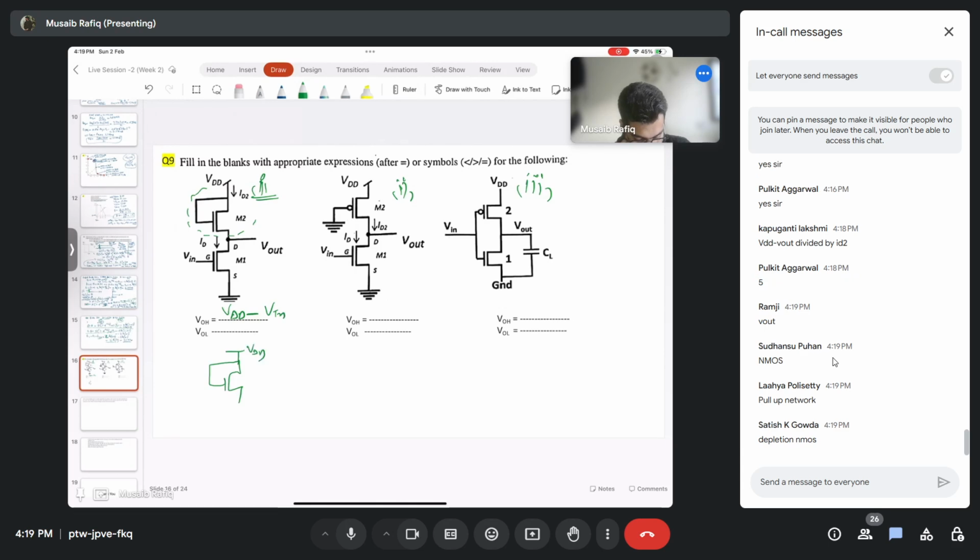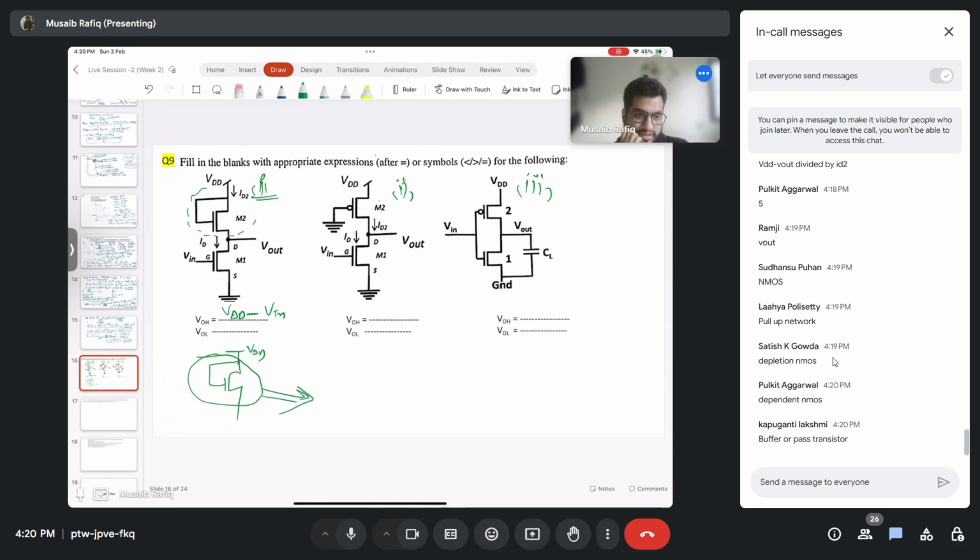This is a depletion NMOS, you can say that. Diode connected load. Have you heard of that? Diode connected. And what is the characteristic of this? When gate and drain are shorted, what will be the region of operation of the device? Exactly. So the device will be on as long as.